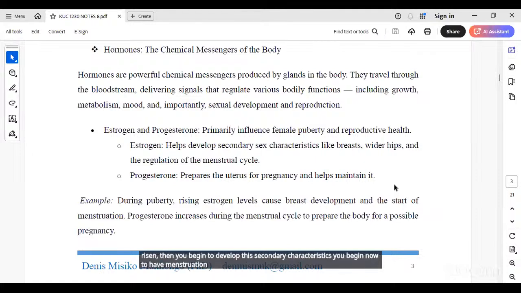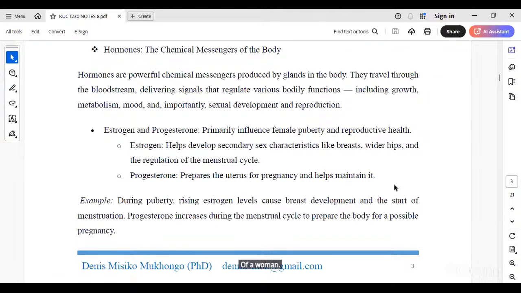Which means if the levels of estrogen hormones are not high enough in your body, you might be born female, but you might not fully develop the secondary characteristics that are typical of a woman.